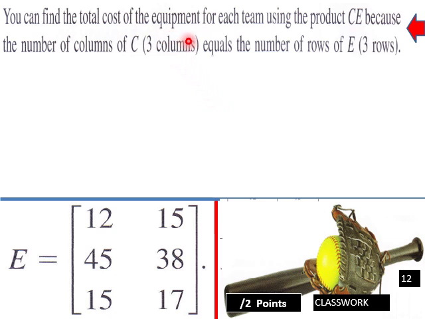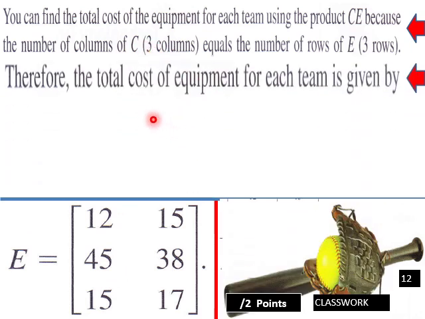You can find the total cost of the equipment for each team using the product CE, because the number of columns of C, 3 columns, equals the number of rows of E, which is 3 rows here for E. Here's our 3 rows, and then C has 3 columns.